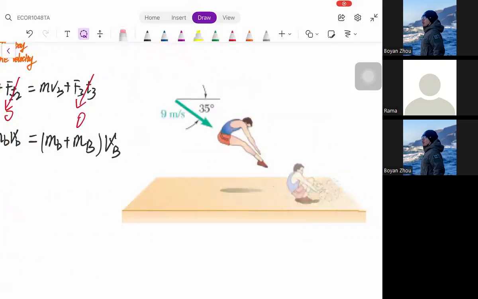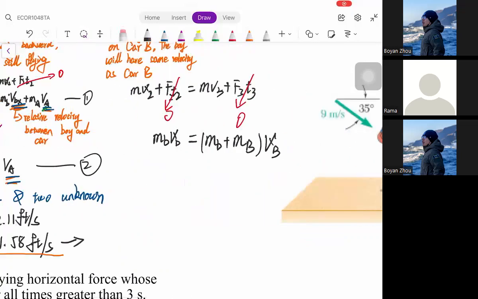So it will be a very short equation like this. And this one is the mass of the boy, and this is the mass of car B.